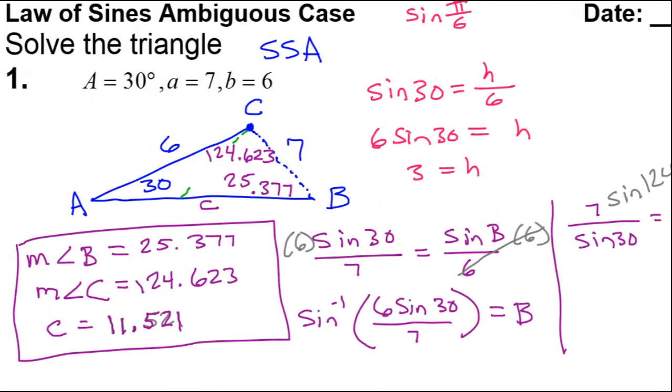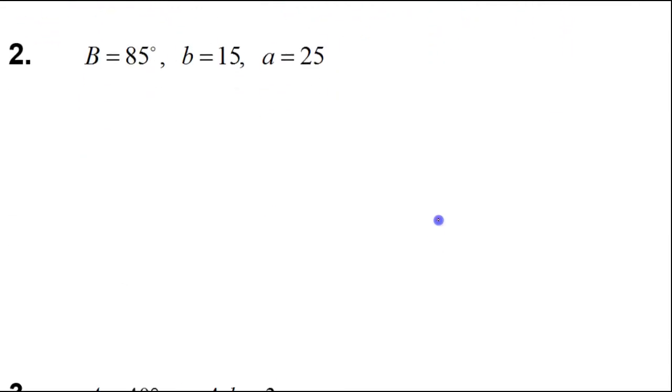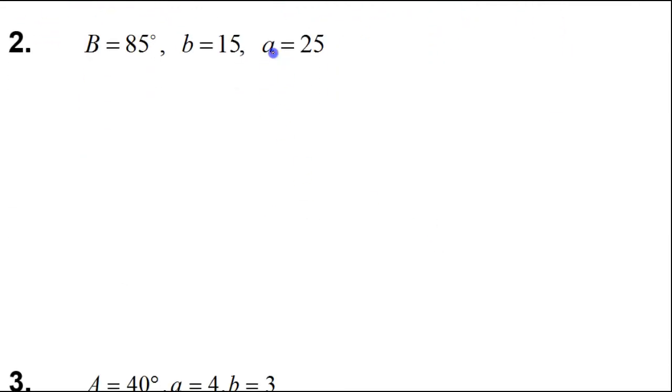All right, let's go ahead and do problem number 2. Again, as soon as I see that we are given two sides and an angle, this might be the ambiguous case. So I'm immediately going to draw my triangle like this.